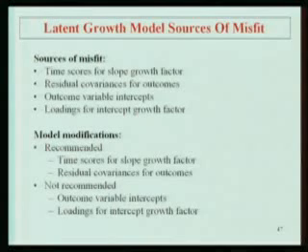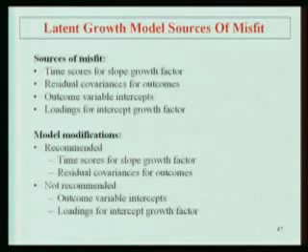Other sources could be the outcome variable intercepts, which are fixed to 0 in this model, or the loadings for the intercept growth factor, which are fixed to 1. Now, the first 2 are recommended. The last 2 are not recommended because they are part of the parameterization of the growth model.